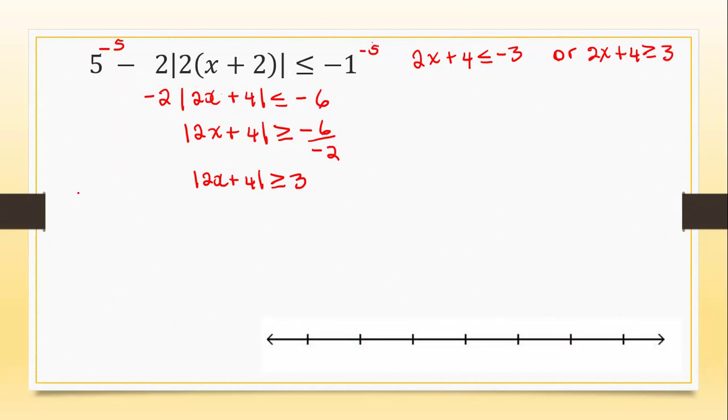Solving both. So let's do one here. So we have 2x plus 4 is less than or equal to -3. Subtracting 4 from both sides, we have 2x is less than or equal to -7.